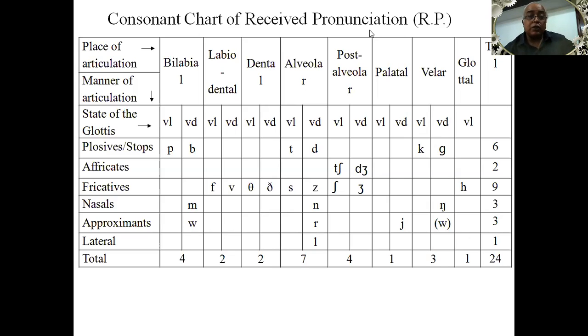Then we have the alveolar sounds. The tip of the tongue touches the alveolar or the teeth ridge. A small portion after the teeth is the alveolar. If you try with your tongue, you'll be able to see.